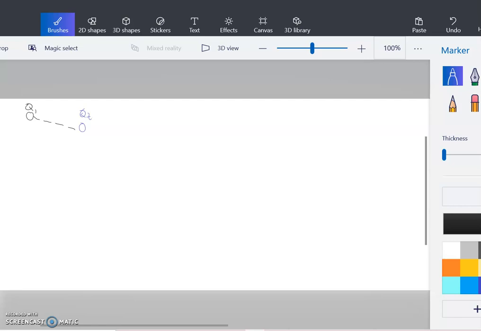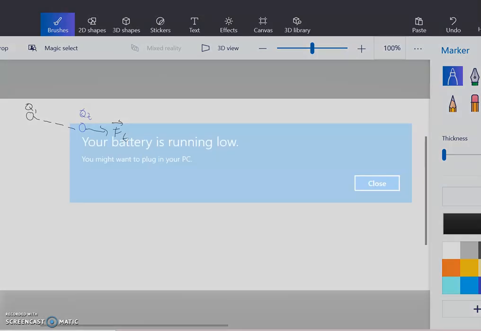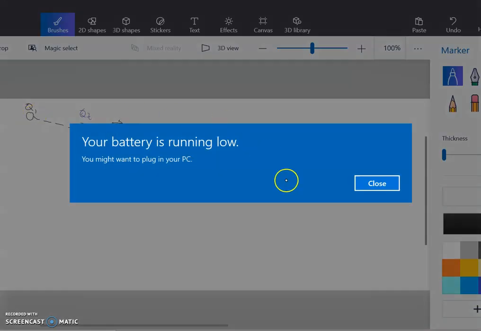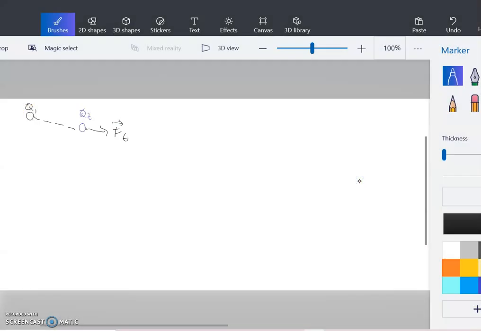So here is the direction of the force on Qt. There is something experienced by the Qt, which is the electric field intensity.